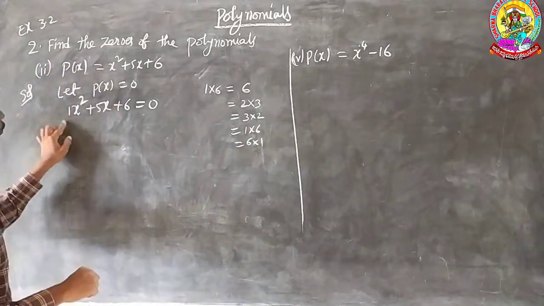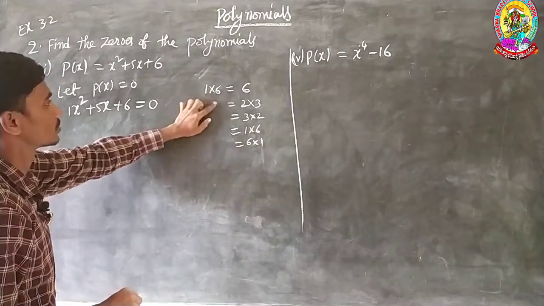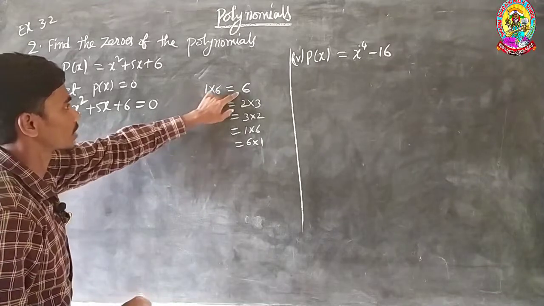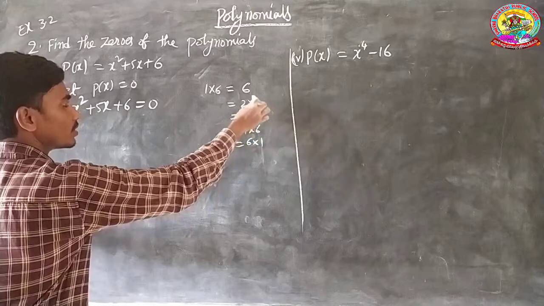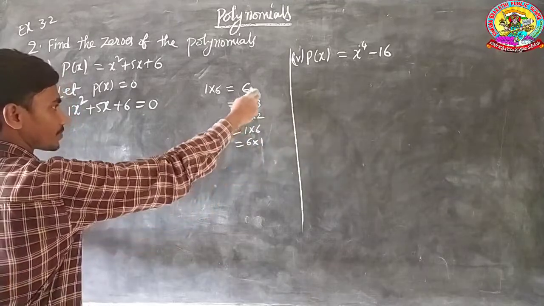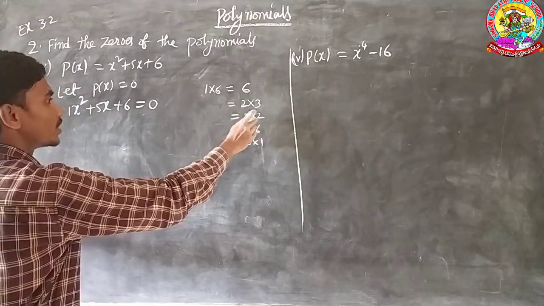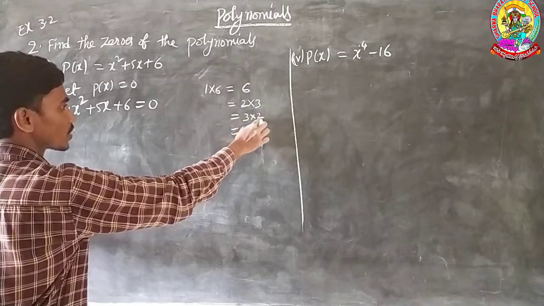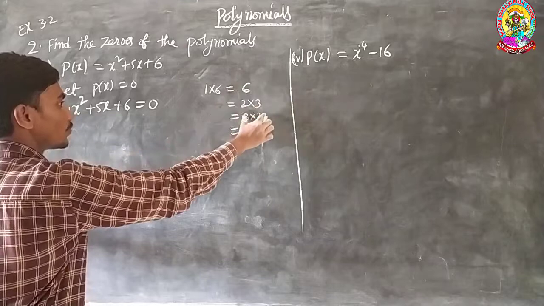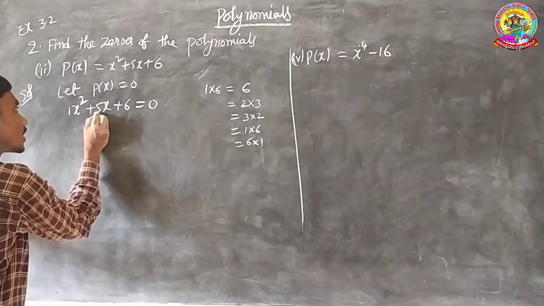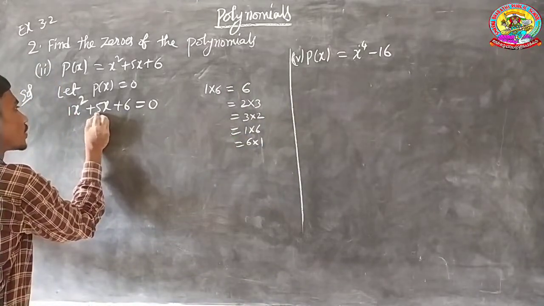Since the product 6 is positive, from these factors you can get a combination where, if you multiply, you should get the product, and if you add, you should get the coefficient of x.